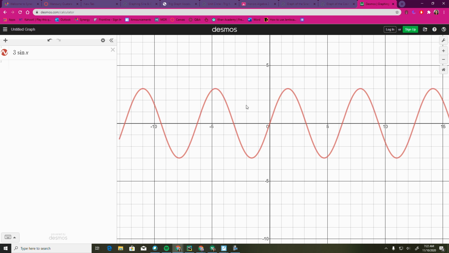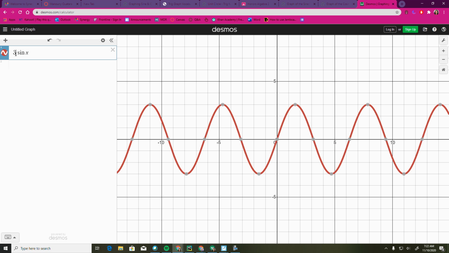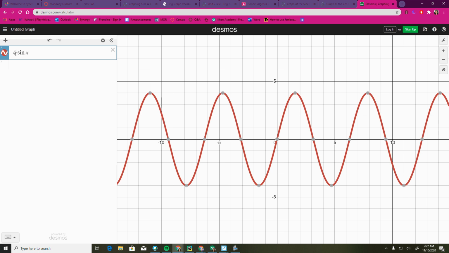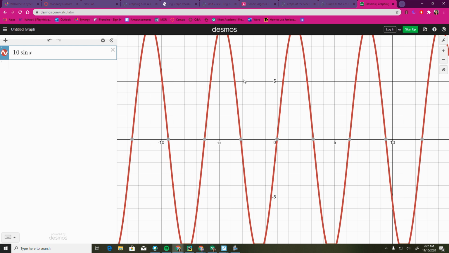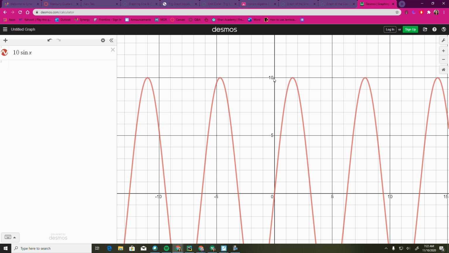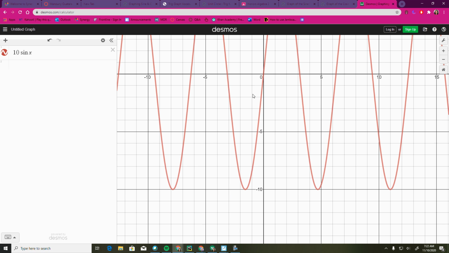A is going to correspond to the vertical stretch, so I can make this number bigger, and it's just going to continue to stretch this function more and more as high as I want it to go. Notice that that's the highest point that it goes to on the range, and similarly, it's stretched down to that negative value on the range as well.